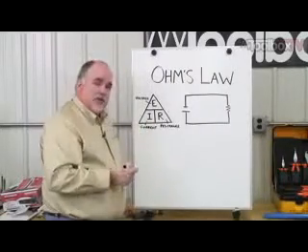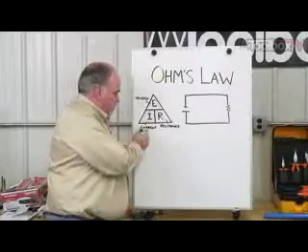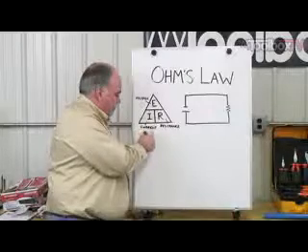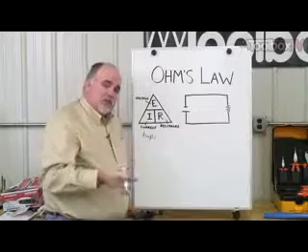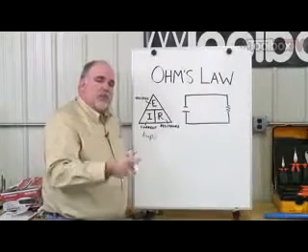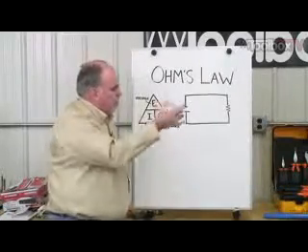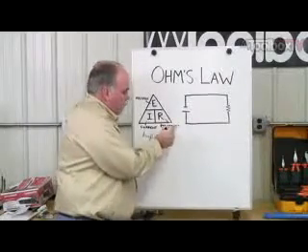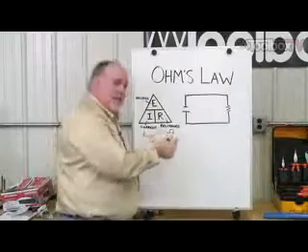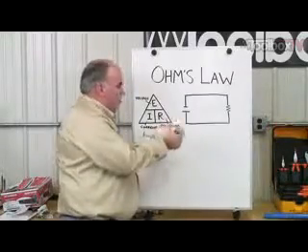Voltage, of course, is measured in volts. Current is measured in amps. Resistance, as you might recall, is the opposition to current flow. It opposes current flow. Let's see how all these work together in a circuit. Resistance is measured in ohms. That's a pretty dandy symbol there for the Greek letter omega.